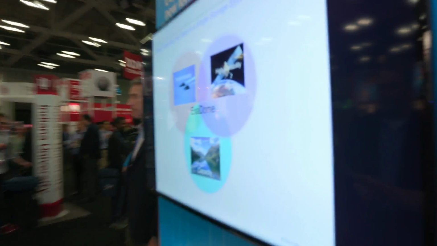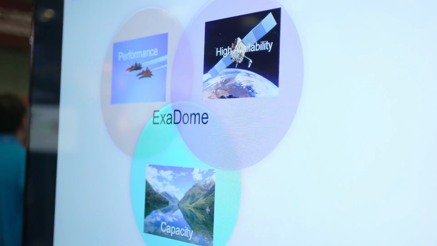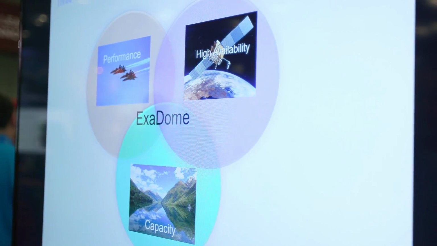So normally I might have to sacrifice one of these dimensions to get there, but it looks like a balanced approach. That's exactly right. We're trying to get all 3 of them in one system such that people don't have to chop up their file systems into many different silos, and then run into capacity problems where they're constantly swapping their capacity from one of those silos to the other.